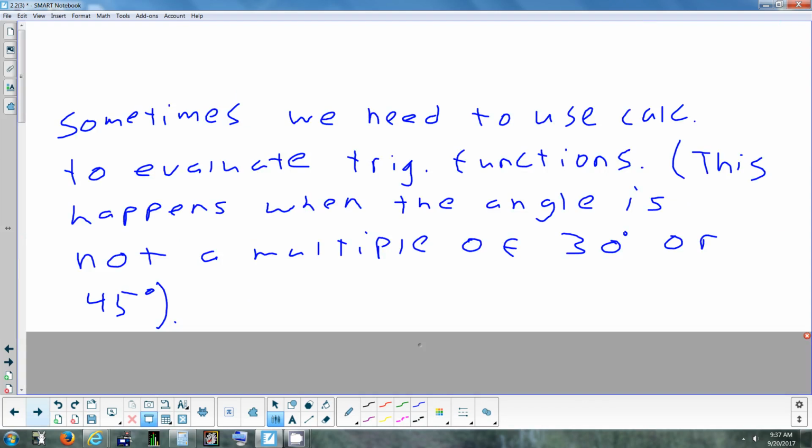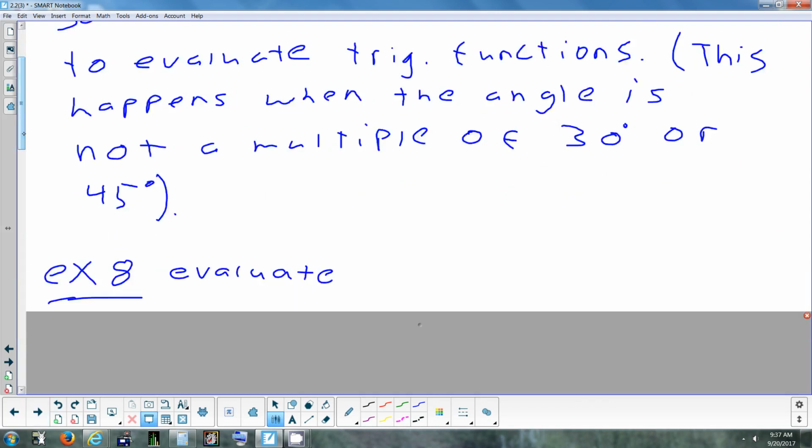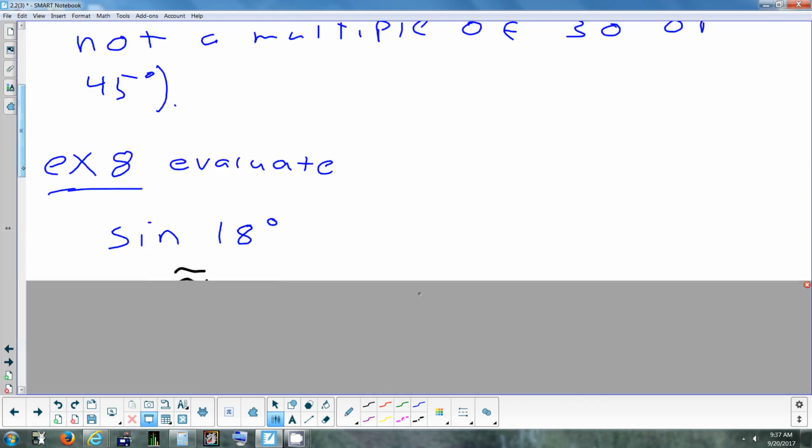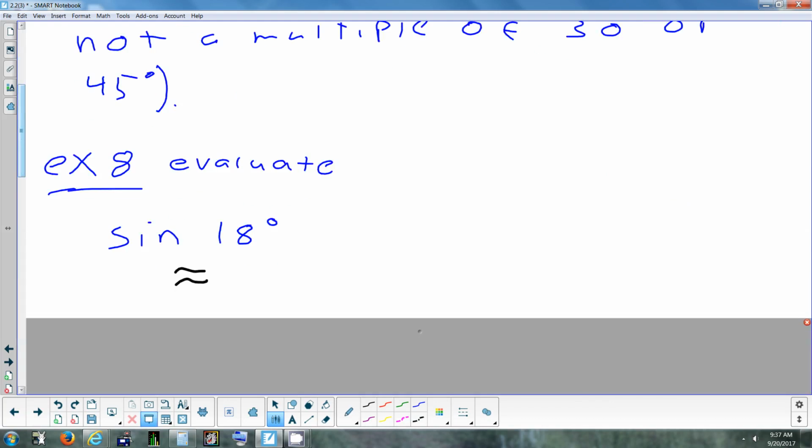Now, if you wanted to do multiples of 15, technically there is a way to do that if you know the 30s and 45s. But it's not something we look at in trig. So anything that's not a multiple of 30 or 45, you're going to use the calculator. So I'm just going to show you how to type it in.